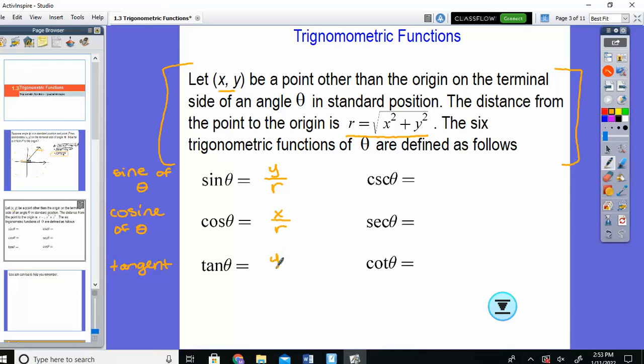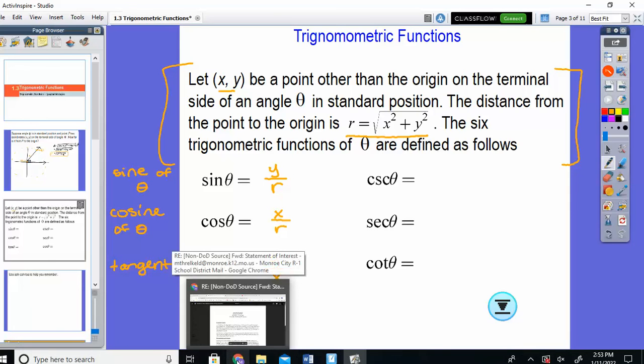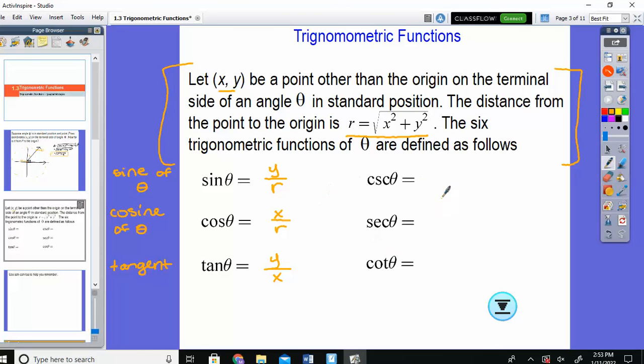Tangent means y divided by x. Now if you know those 3, the others are actually just reciprocals. This CSC stands for cosecant, and that is just the reciprocal of sine, so it would be r divided by y.